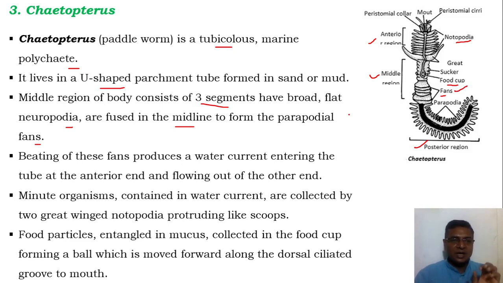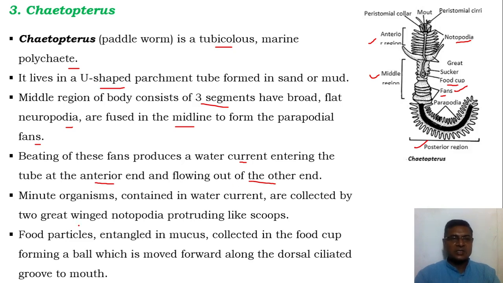The beating of those fans produces the water current entering the tube at the anterior end and flowing out of the other end. With the continuous beating of those fans, the modified parapodia or neuropodia in the middle region, the water current enters into the tube, and through it there is a continuous flow from one end to the other end.